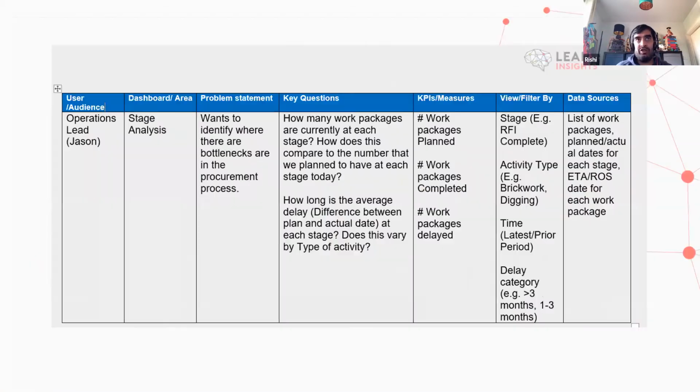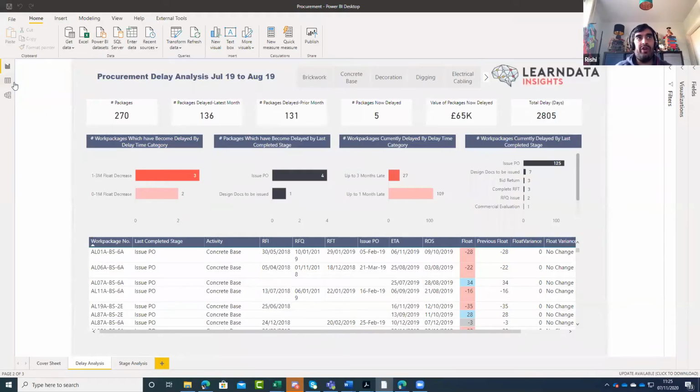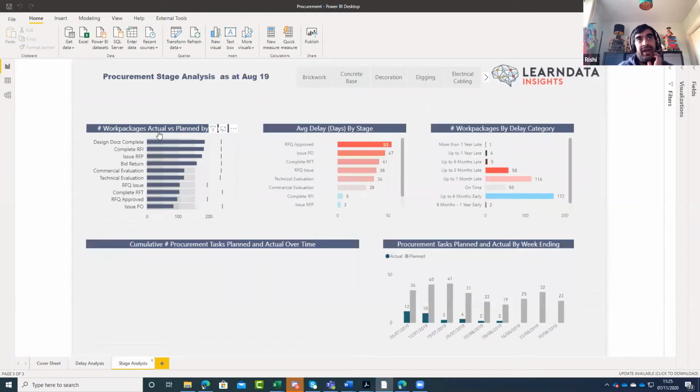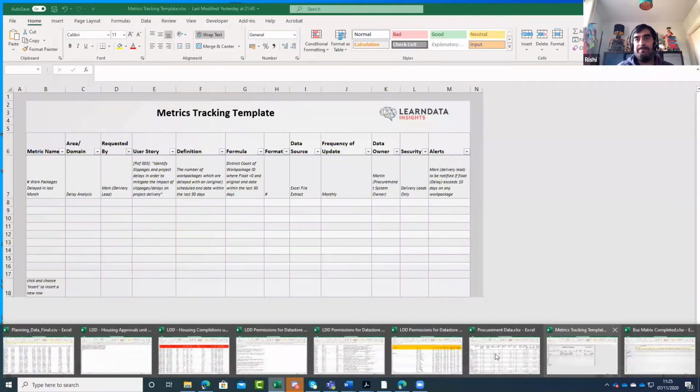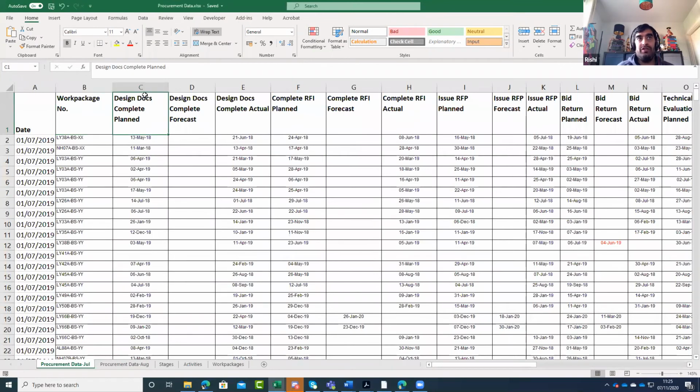Yep, so that's a screenshot of that. And then this is the second page, which is looking at the stage analysis. And one thing you'll notice with this is we've broken it down by actual versus planned by stage. If you remember, for each one of these we had planned, forecast, and actual.